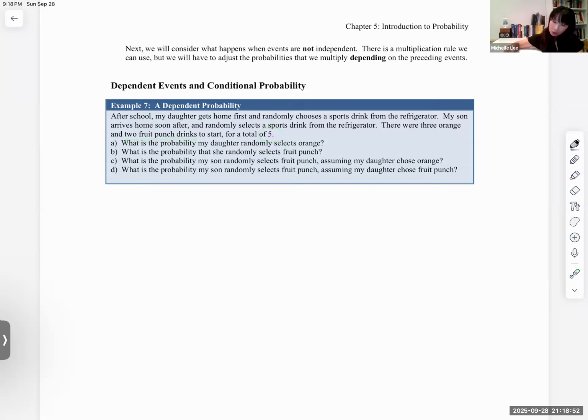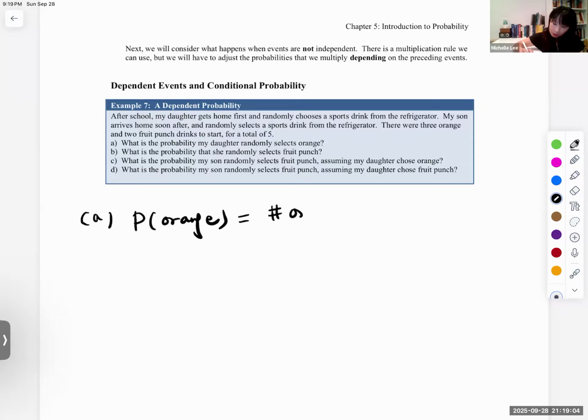Okay, then first one, what is the probability my daughter randomly selected orange? So there's the number of orange divided by the number of sample space, yeah? So how many sample space? It's a 5. How many orange? 3. Can you please calculate?